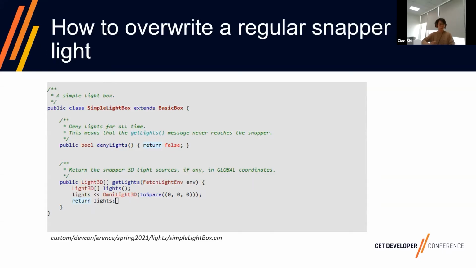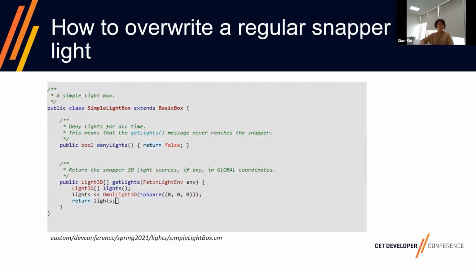With those two methods, it will become a light, and when you render, you will see it shooting light, or if you turn on the real light, it will actually shoot light by itself. But then you probably wonder how to control the light.